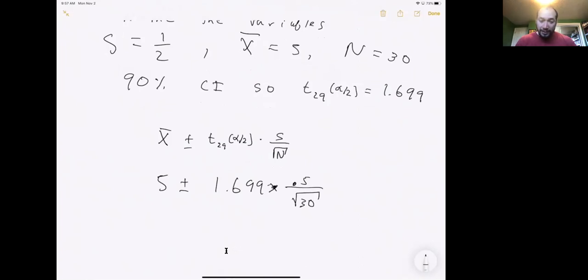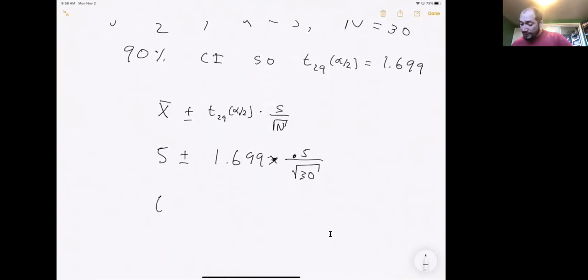It's not too bad to find confidence intervals, right? We're going to get that the mean resistance is between 4.84 and as large as 5.15. So 90% of the time, the population mean will be a number between 4.84 and 5.15. So this is our 90% confidence interval.